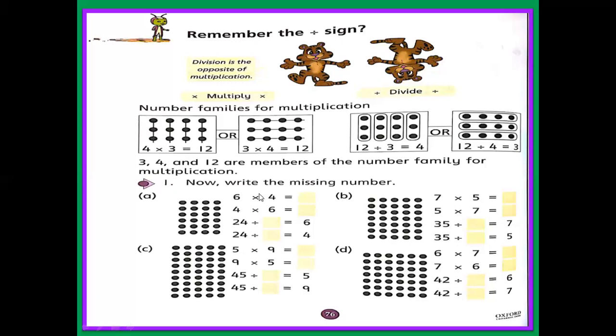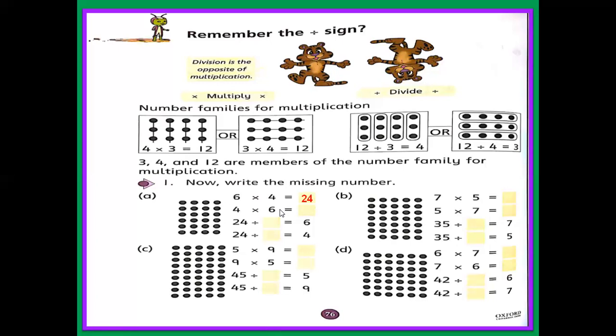Now write the missing number. 6 fours. So read the table of 4. 4 ones are 4, 4 twos are 8, 4 threes are 12, 4 fours are 16, 4 fives are 20, 4 sixes are 24. Write 24 here. 4 multiply 6.